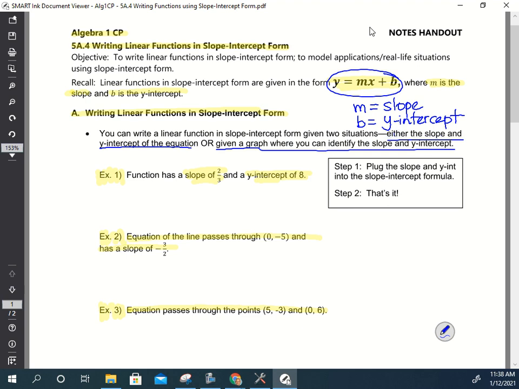So we're going to practice doing it these two ways, and then we'll practice it using some real-world examples and using a table. So, first three examples are on the board. Let's go ahead and get started.